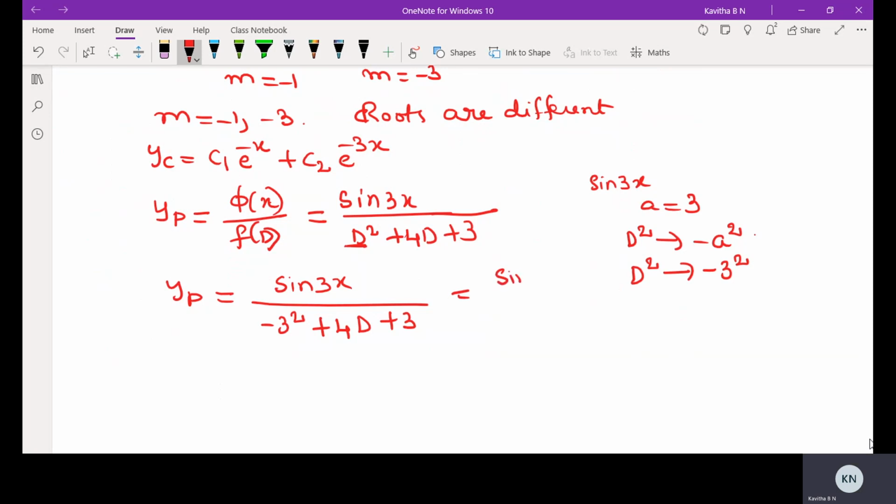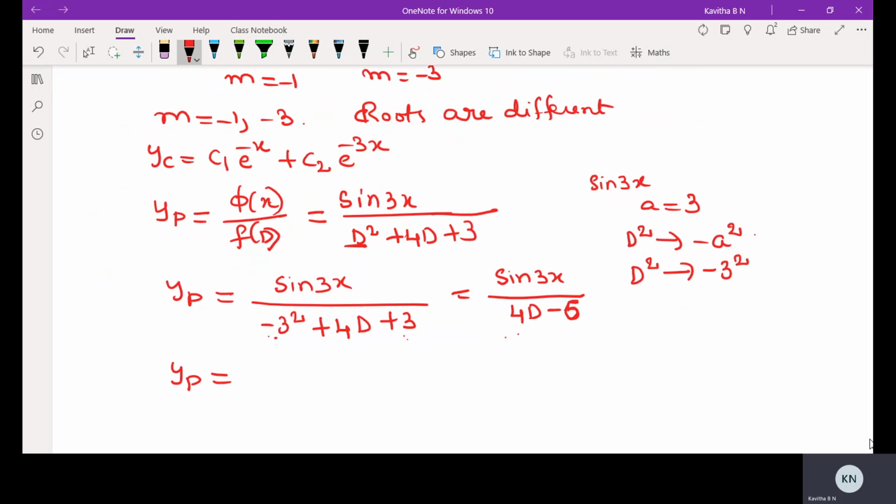Then sin 3x divided by 4D - 9 + 3, that is, -9 + 3 is -6. Here the D² term is not there.